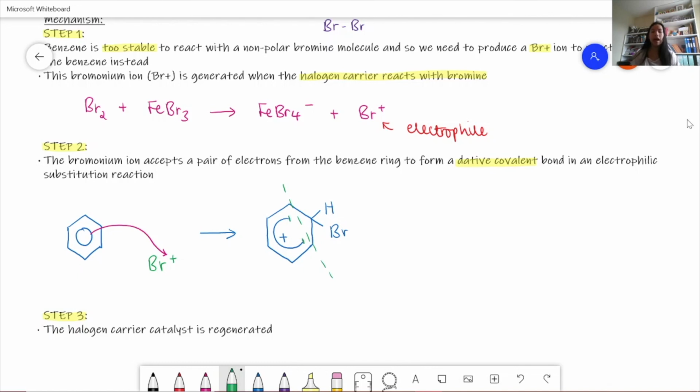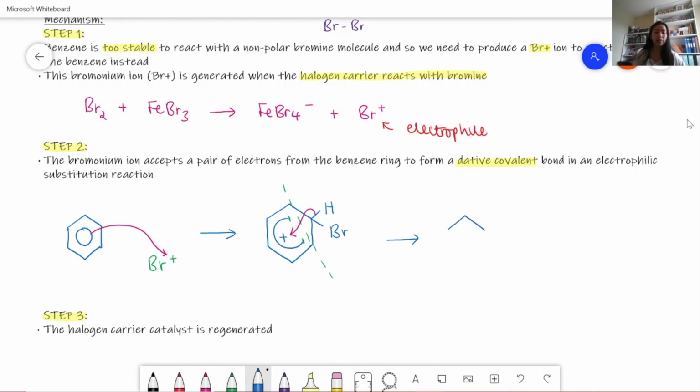And so this intermediate is actually very unstable, and so we need to fix this delocalized system. So what happens is that this H plus gets removed. So electrons from this covalent bond move towards this positive charge, and this intermediate breaks down.